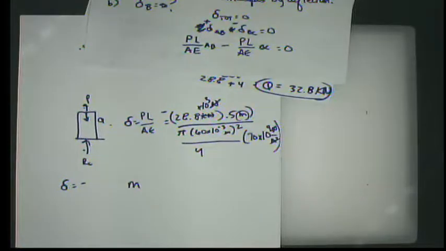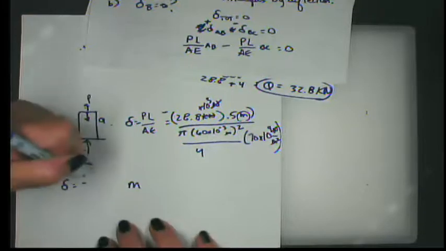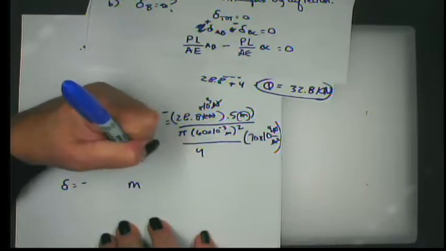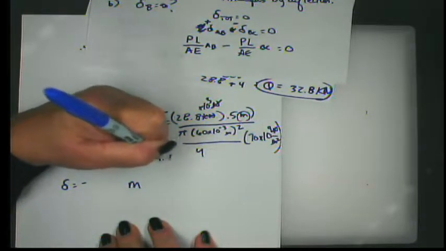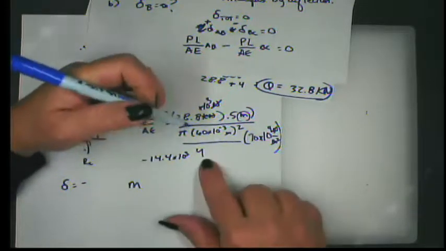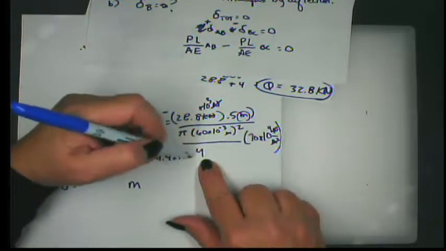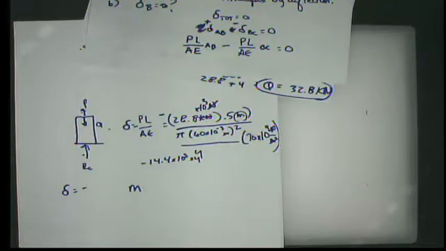All right, so let's take a look at what the number is going to turn out to be. If we have 28.8 times 10 to the third times 0.5, on the top we get minus 14.4 times 10 to the third. And it would be easier to just flip this 4 up and multiply it since it's in the denominator of the denominator.